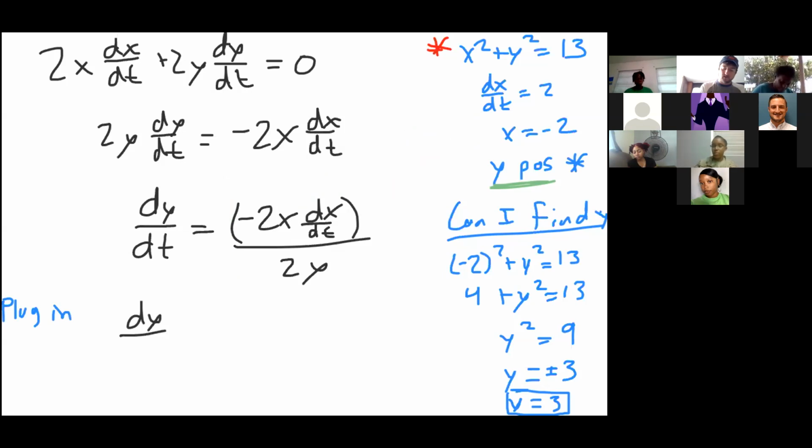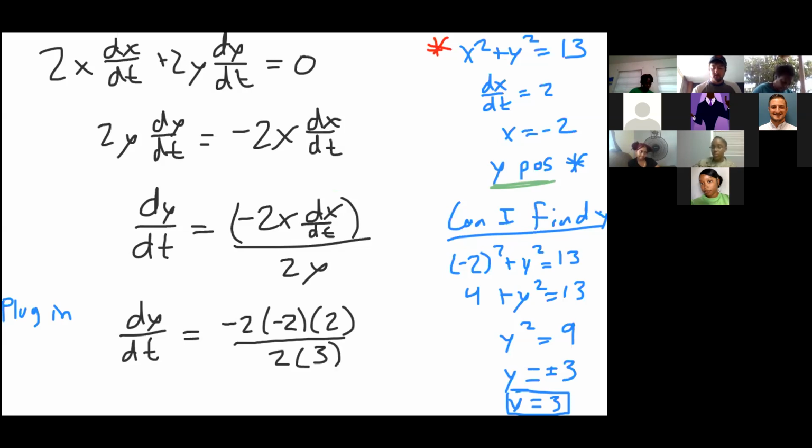So then my change in y over time, my dy over dt, is equal to -2 times my value of x, which is -2, times how my x is changing over time, which is +2. Just plugging in information that I've found or been given. Then in the denominator, I have a 2 times the 3.